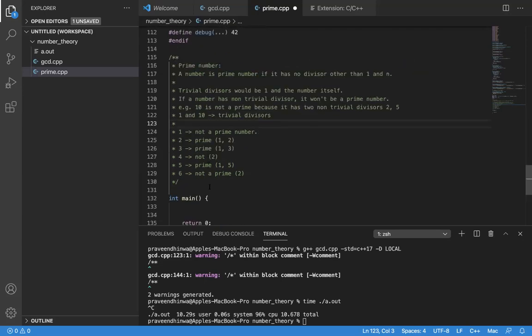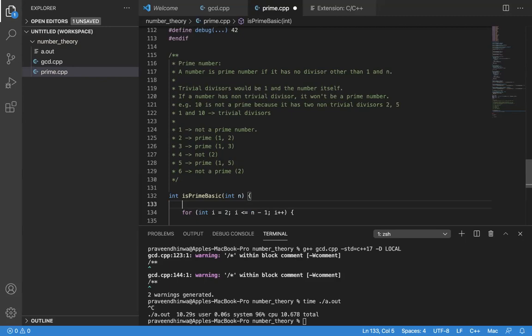So how can I make use of this definition and write a program to check whether a number is prime or not? I try all possible numbers from 2 to n minus 1 and check whether any one of them divides n.